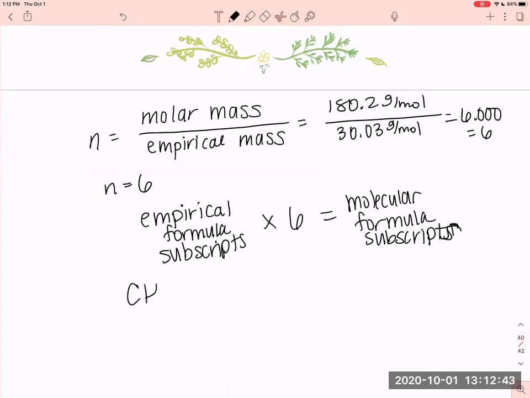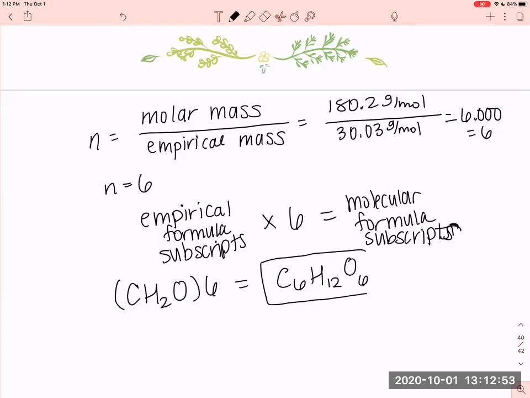We'll do CH2O and we'll multiply it by 6. And we'll get C6H12O6. And that is your molecular formula. And that is how we find formulas from real life samples of stuff.